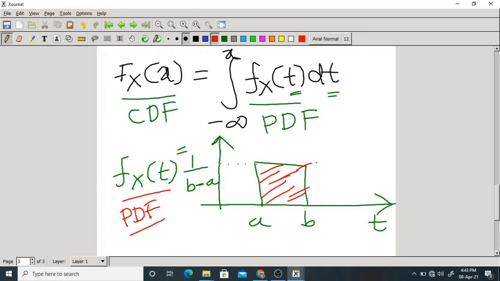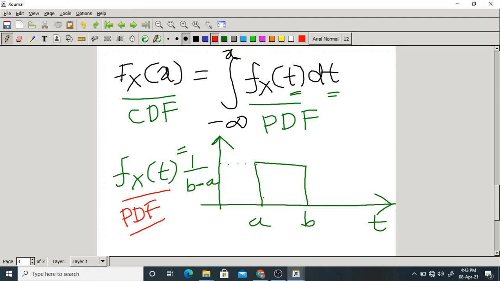You will get 1. They say that the CDF of this random variable is 1. But you're not finding the CDF, you're finding the total area. Obviously that will be equal to 1. That is called the normalization property. Here we are not finding the entire area of the PDF. We are finding the integration of the PDF, but that is not the entire area of the PDF.